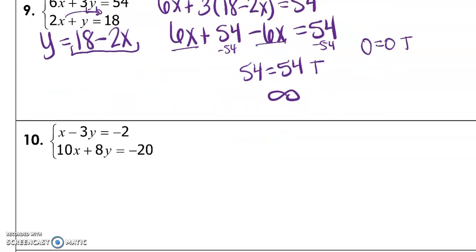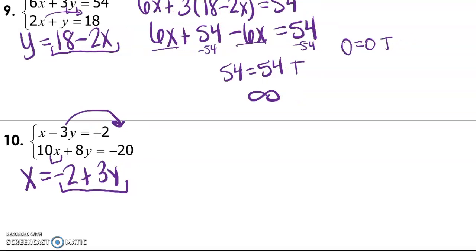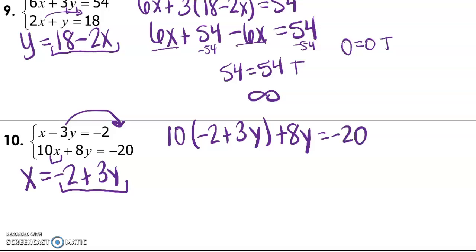For 10, our top x is going to be the easiest to get by itself, so we need to move the 3y over. So x equals negative 2 plus 3y. You would have to add 3y to both sides. So that needs to go in place of this x. 10 parentheses negative 2 plus 3y plus 8y equals negative 20.